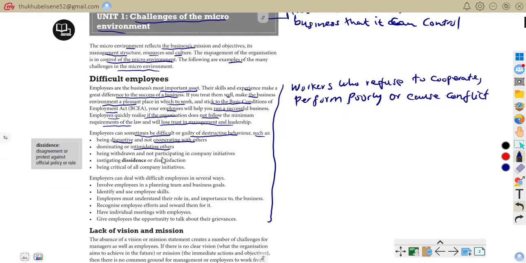Being withdrawn and not participating in company initiatives. Once they are not cooperative, we regard such employees as difficult. Indicating resistance or dissatisfaction, being critical of company initiatives. That is that.